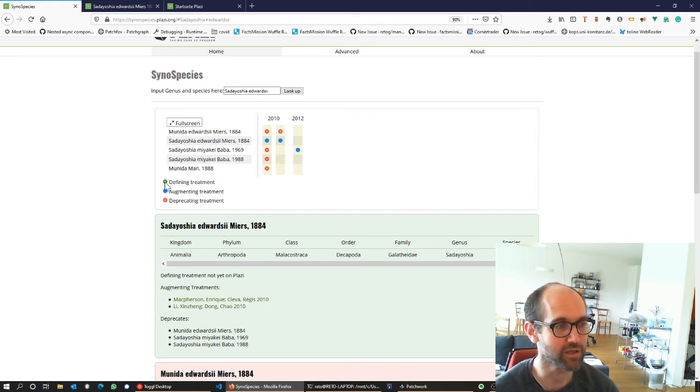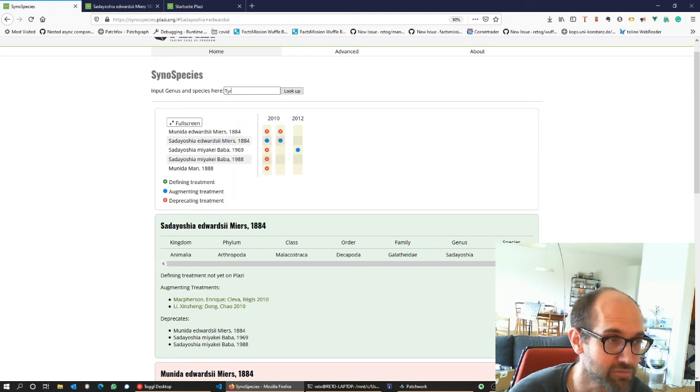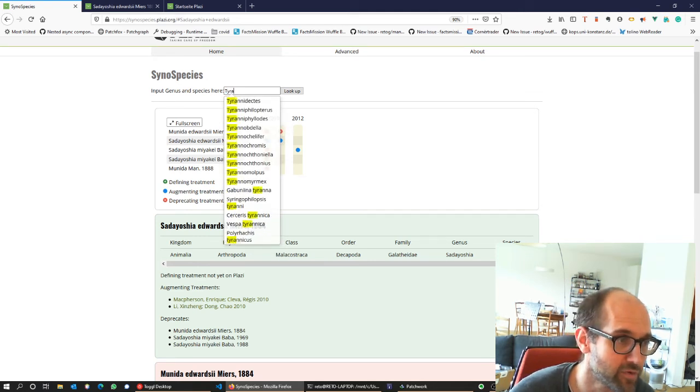There could also be a defining treatment, but that's often not available. But we just know treatments talking about a species, and so we conclude that that species exists. Here, that's quite small for this species. Other species will have more treatments and more names.